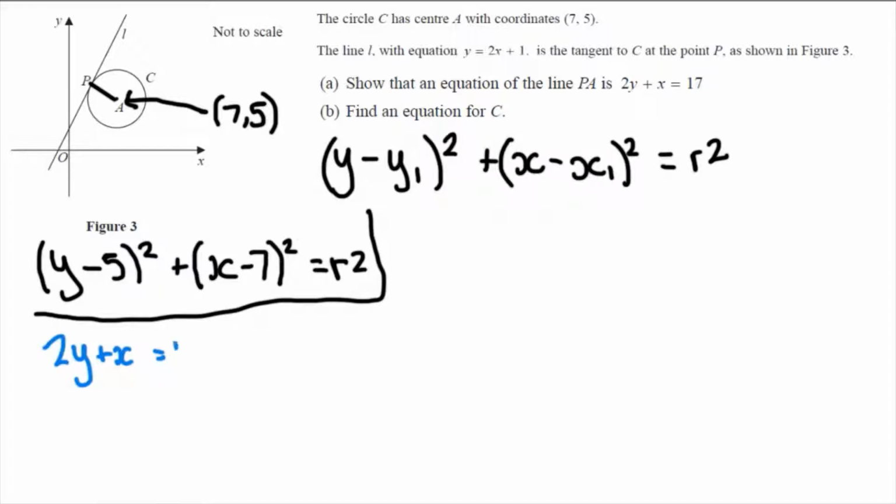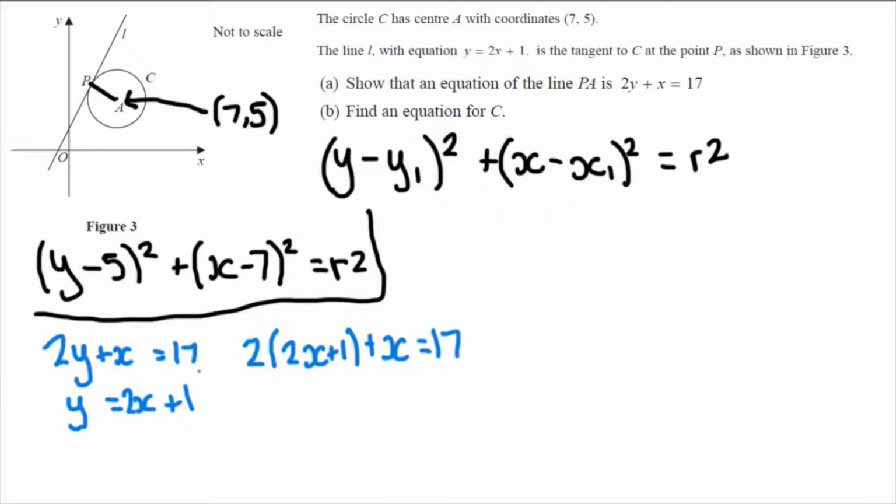So we're just going to find the coordinates of where they intercept, and that will give us point P. So we have 2y plus x equals 17, and then we have y equals 2x plus 1. So I'm just going to substitute the second one into the first equation. So we're going to have 2(2x plus 1) plus x equals 17.